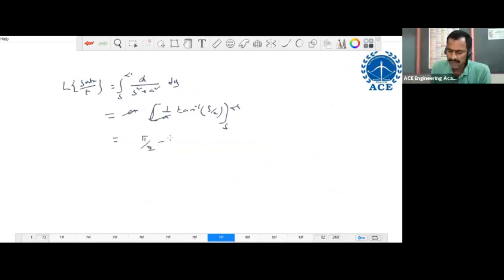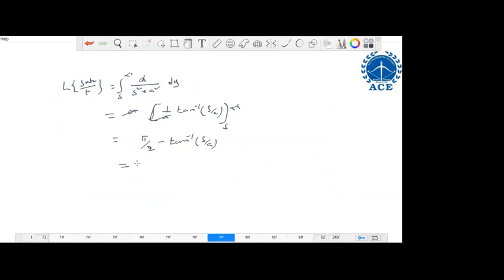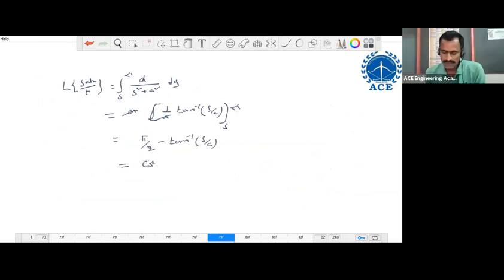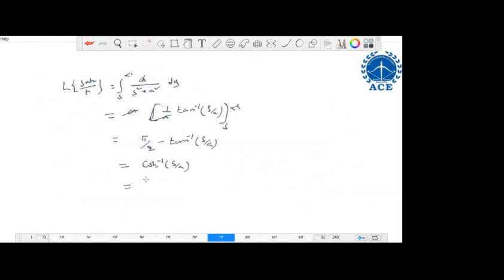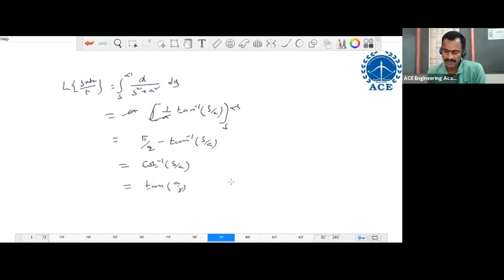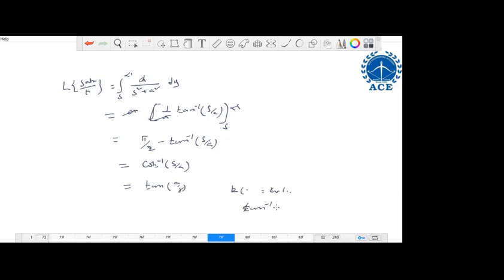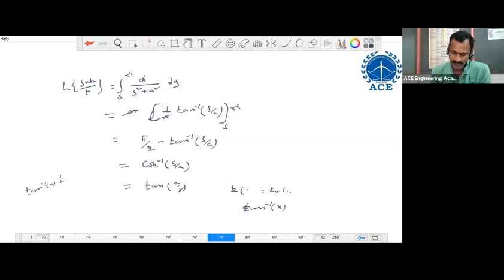This is pi by 2 minus tan inverse of s by a, which is cot inverse of s by a. From this we can write the tan inverse of a by s, because tan inverse of x equals cot inverse of 1 by x. Sir, how is pi by 2 minus tan inverse s by a equal to cot inverse? Tan inverse x plus cot inverse x equals pi by 2, that is the result.